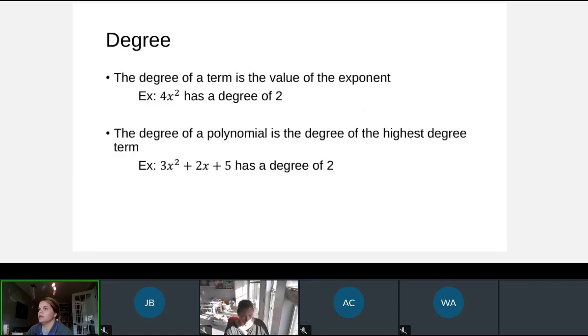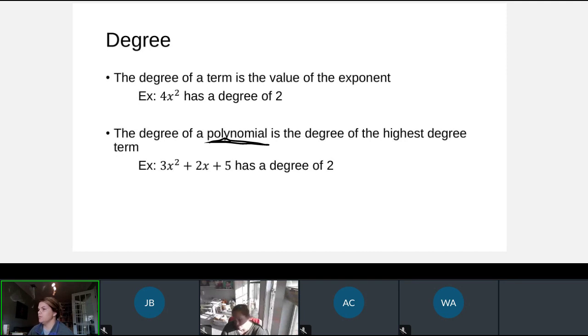Okay, let's talk about degree. We briefly mentioned this in the warm-up. The degree of a term is the value of the exponent. So for example, 4x squared has a degree of 2. The degree of a polynomial, so just an expression, also has a degree. So exponents have a degree, each term can have a degree, and then the entire polynomial can have a degree.